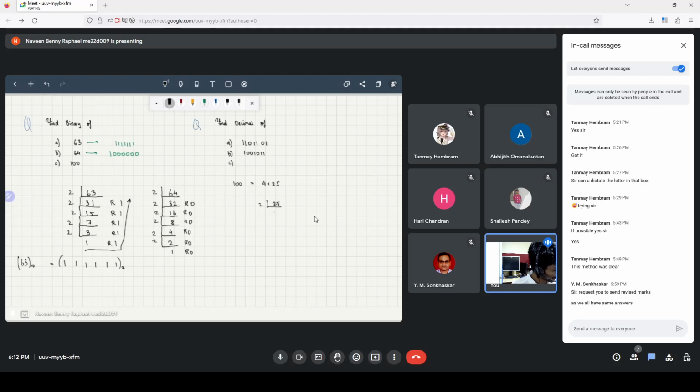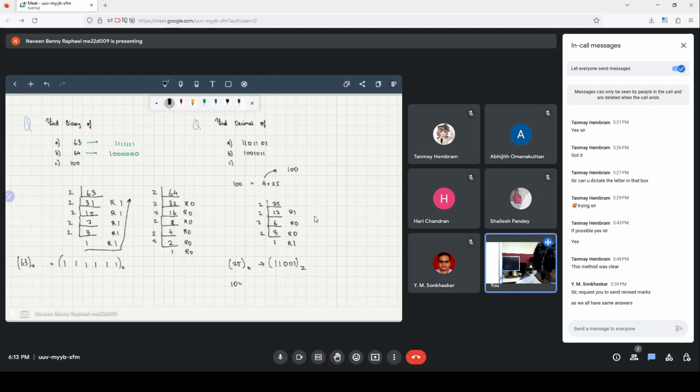When you do 25, we get 12 remainder 1, then 6 remainder 0, then 3 remainder 0, then 1 remainder 1. So that means 25 in base 2 is 11001, and 100 is 4 into 25. 4 in base 2 is 100.